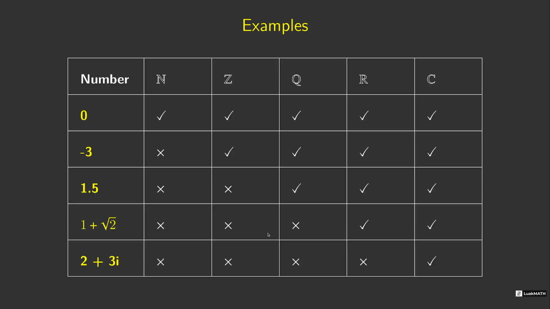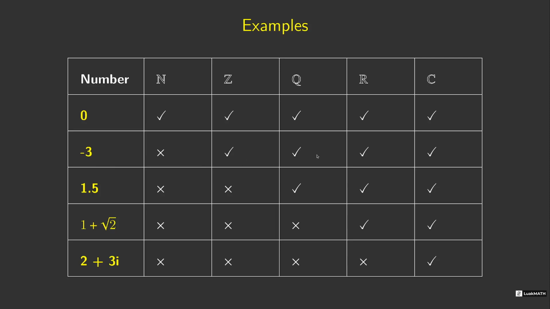If we put them into a table, we can see which boxes they check so far. And you can see 0 will check every single box, because 0 is a natural number, 0 is an integer, 0 is a rational number, 0 is a real number, and 0 is a complex number. And notice -3. So -3 doesn't check N, because -3 is not a natural number because it's negative.